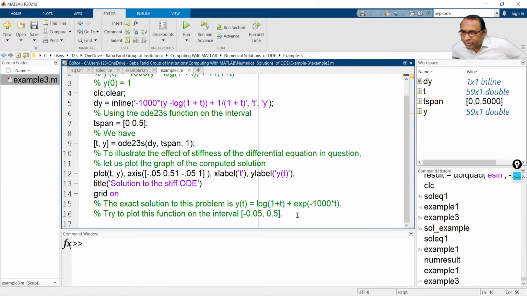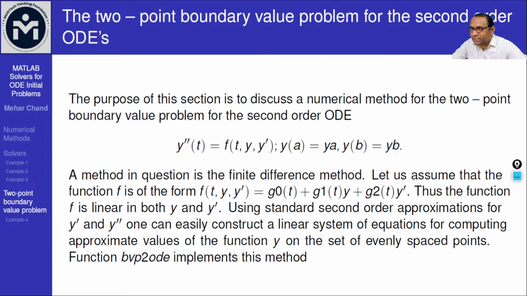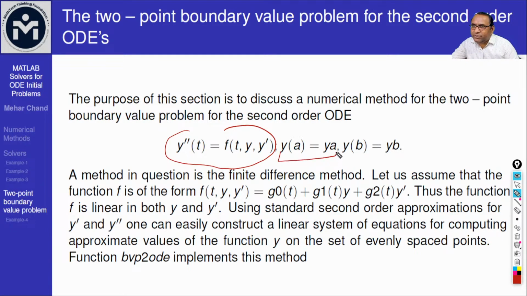So now we have one more example which we are discussing here. Yes, see this part. In this differential equation, we have 2 boundary values, and the differential equation is of second order. Two values are given: y(a) is equal to ya and y(b) is equal to yb.